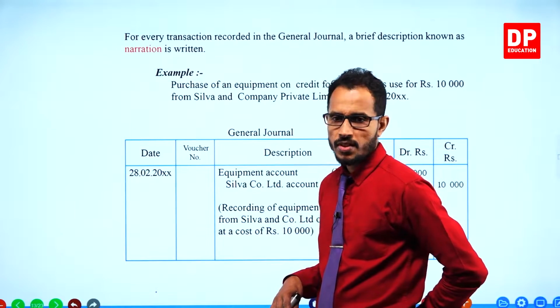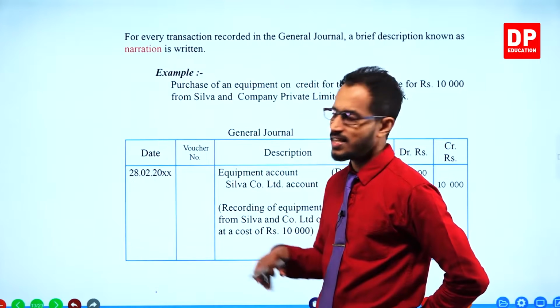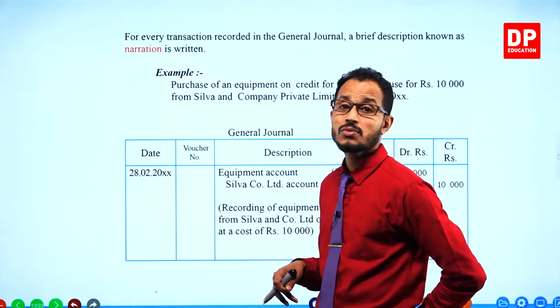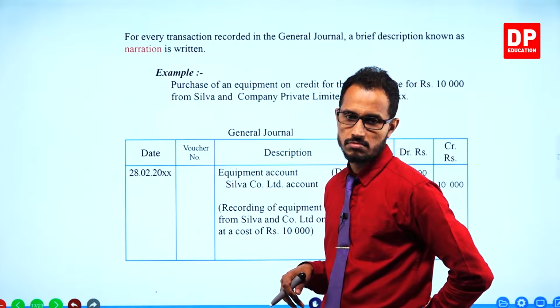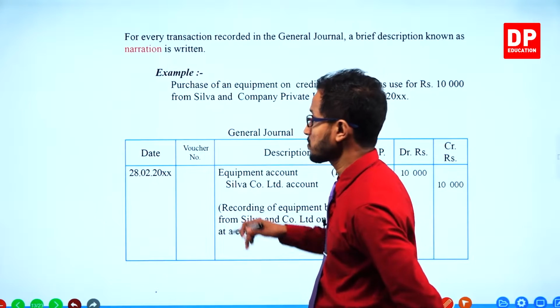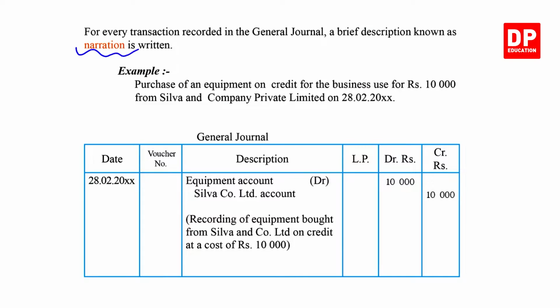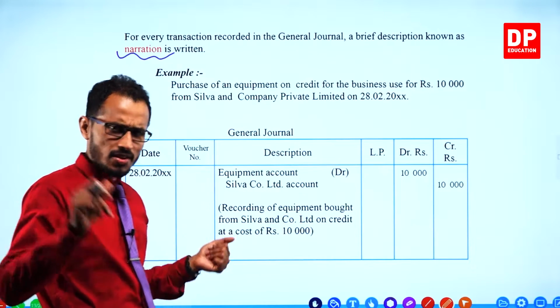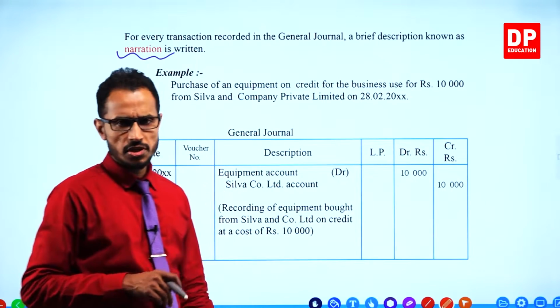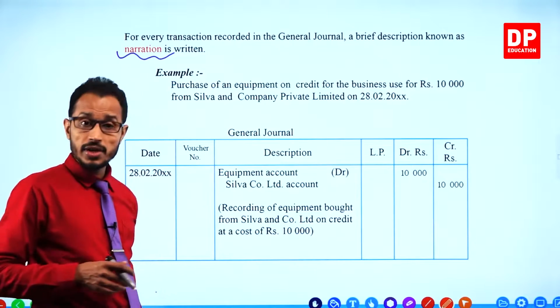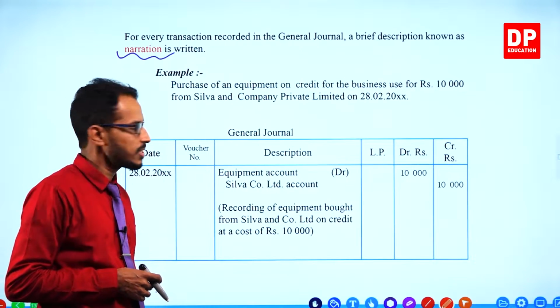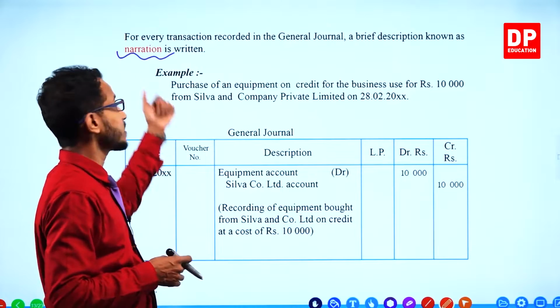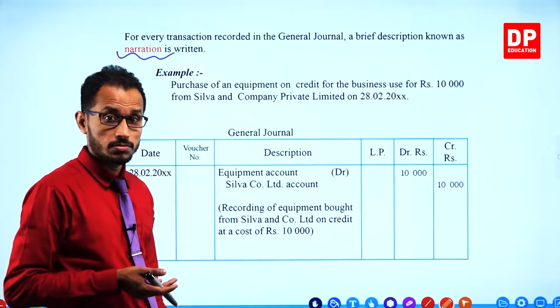Every time you record a transaction in this, you must write a description. It's called the narration. Let's take a transaction and record it in the general journal, and when we write the narration about it, you will understand what this narration is about.